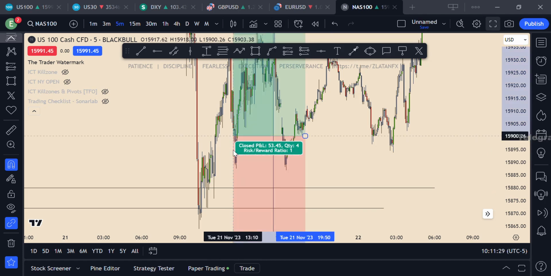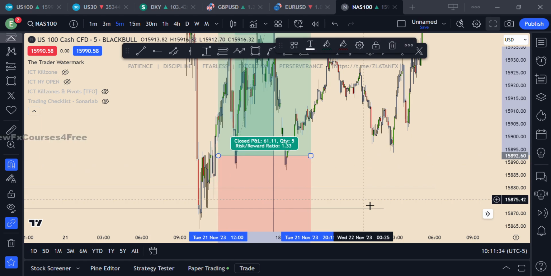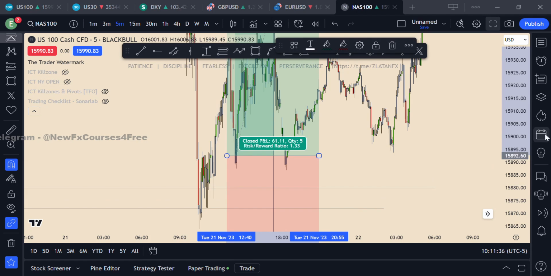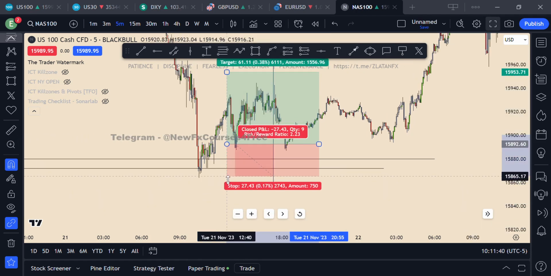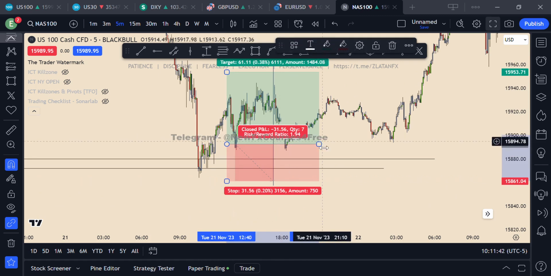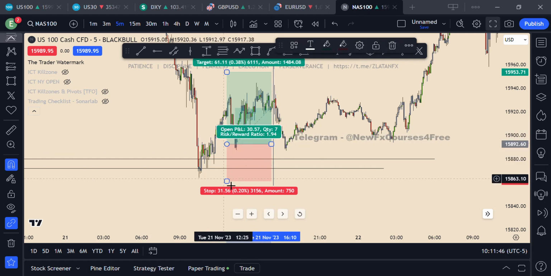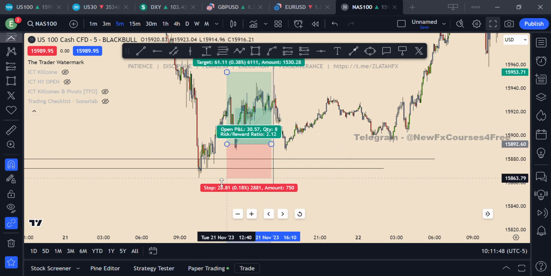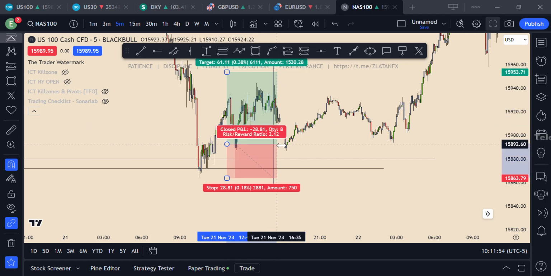Let me just say you entered there, and your stop loss is that low right there. Sorry, I'm making this shape. And then you target 2R. Probably the market would have taken you out because of this whole delta 10. I think the news caused that.